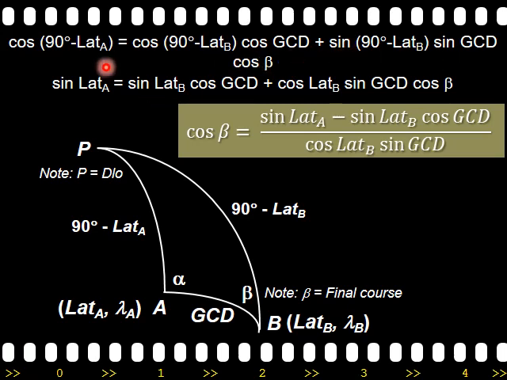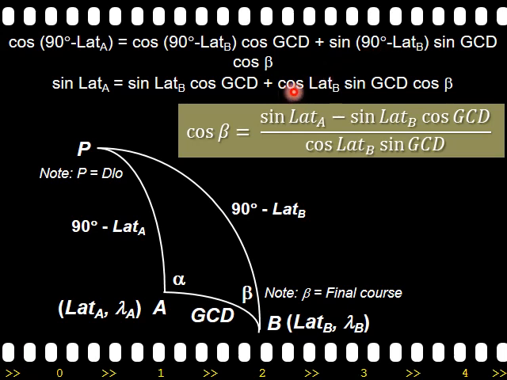So, pag gumamit tayo ng cofunction para matanggal yung mga 90 degrees minus, itong cosine magiging sine lat A. So, this is equal to cosine magiging sine ulit, so magiging sine lat B. Di ba hindi nababago yung cosine GCD dito? Plus cosine. Kasi dito binago natin yung sine dahil meron tayong 90 minus here.